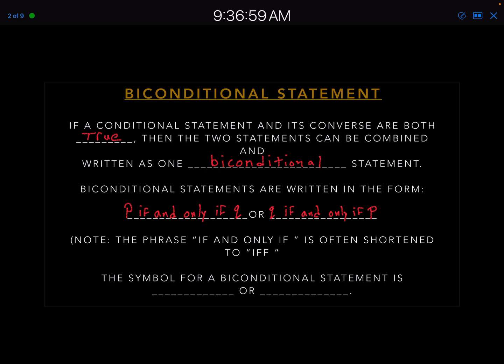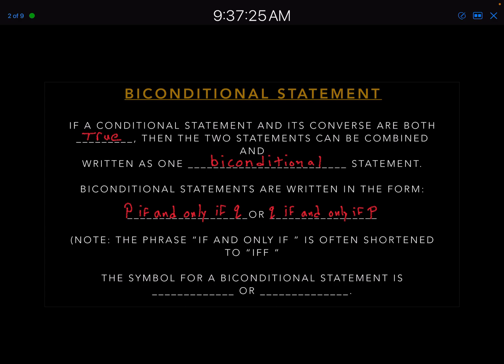So we can write them in two ways once we've determined their truth value. P if and only if Q, your hypothesis if and only if your conclusion, or you can turn it around. It doesn't matter. Now, because we're math people and we hate writing stuff, we use shorthand. The phrase if and only if is often shortened to IFF. So you'll see me put IFF instead of if and only if. It's just too much writing.